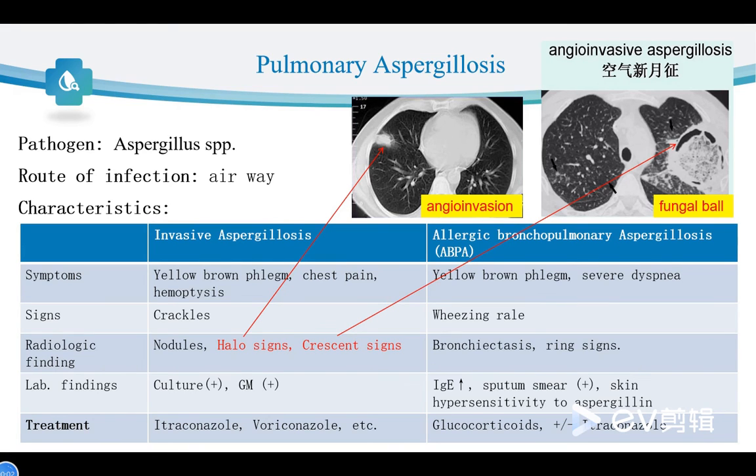There are other differences between the invasive aspergillosis and ABPA from the table. You can learn by yourself.